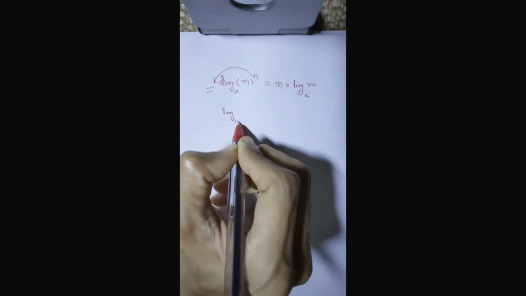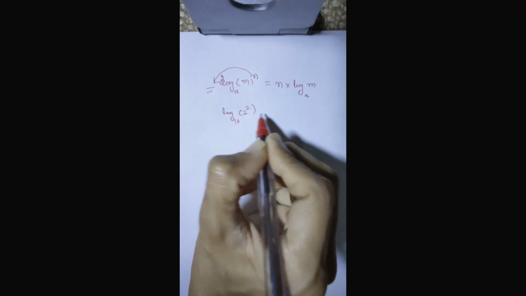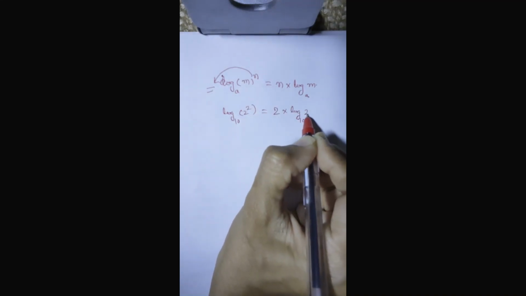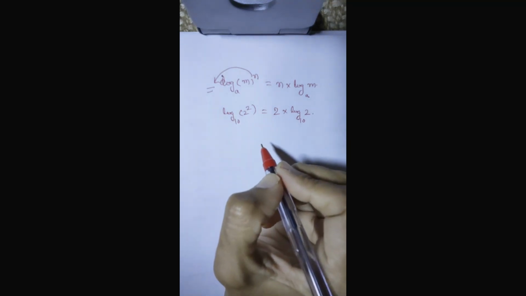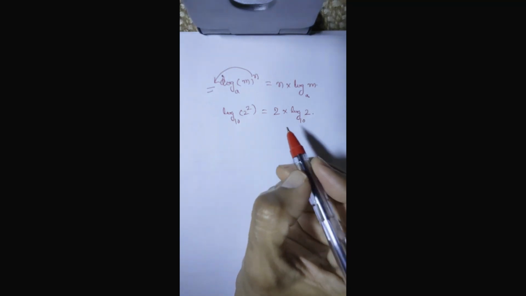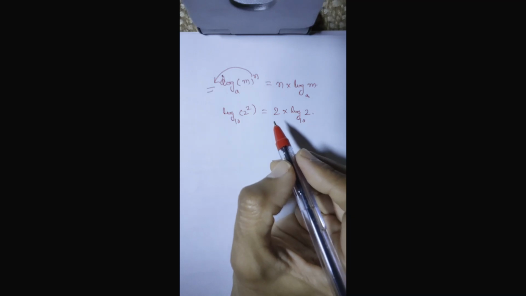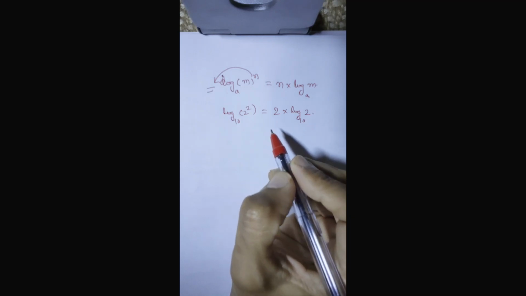For example, if we have log to the base 10 of 2 square, then we can write it as 2 into log to the base 10 of 2 in the same way. Okay. So these are all the laws of logarithm that I want you to remember.